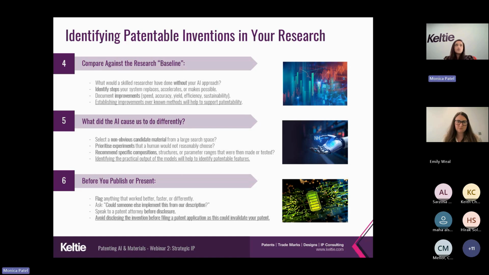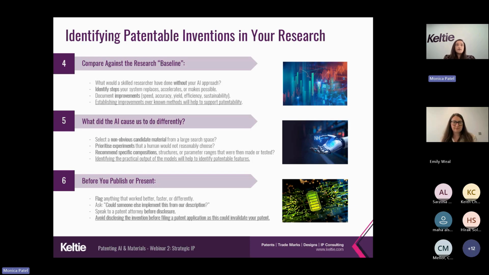Number 5 is, what did the AI cause us to do differently? Did it, for example, allow you to select a candidate material that wouldn't have been obvious previously from a very large search space? Did it enable you to prioritize experiments that a human would not reasonably choose to do?